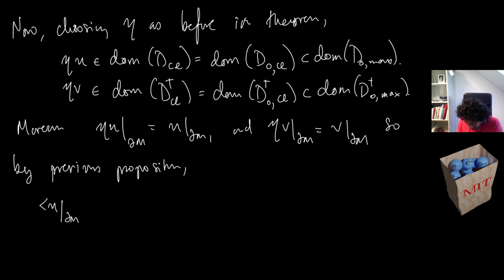We already have an integration by parts formula for D naught max and D naught dagger max, right? We already proved that. So now we just apply it there, and we can now express this L2 integral precisely as we want it.